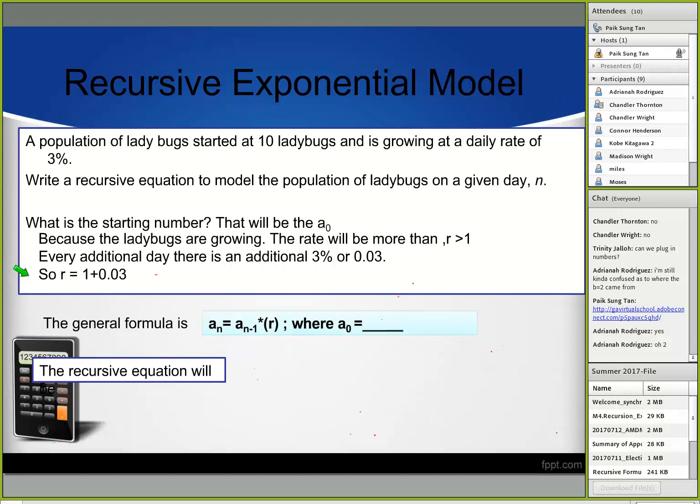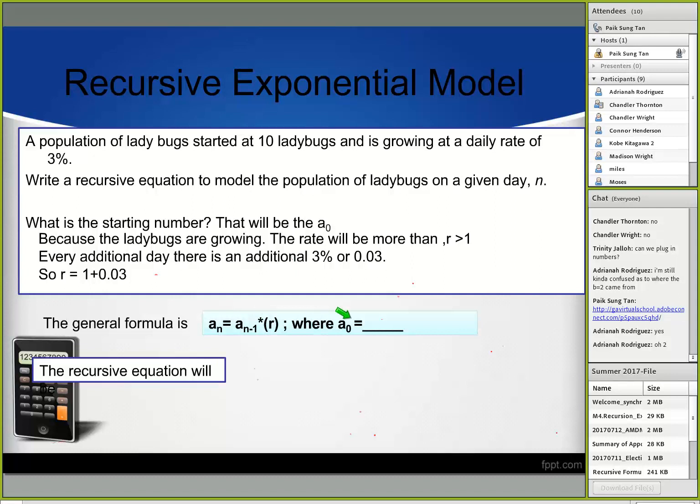And our generic formula is this. For recursive equations, always rely on the previous number. So A sub n, meaning the current day's ladybugs, is equal to A sub n minus 1, the previous day's ladybugs, multiplied by R. So to get today's number of ladybugs, I use yesterday's ladybugs multiplied by R, which is the growth rate.